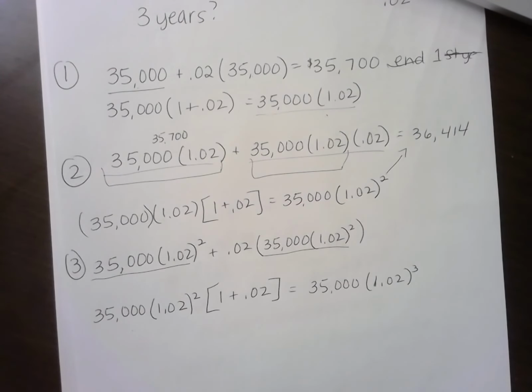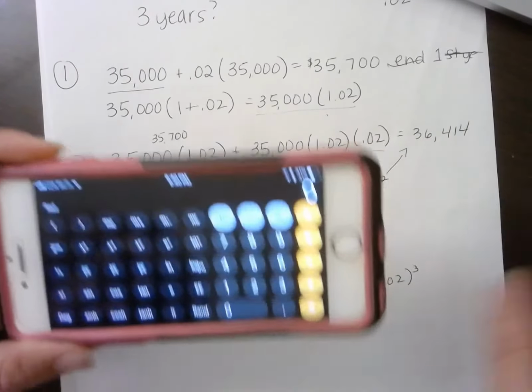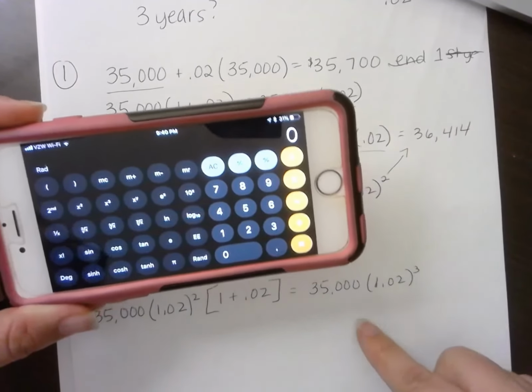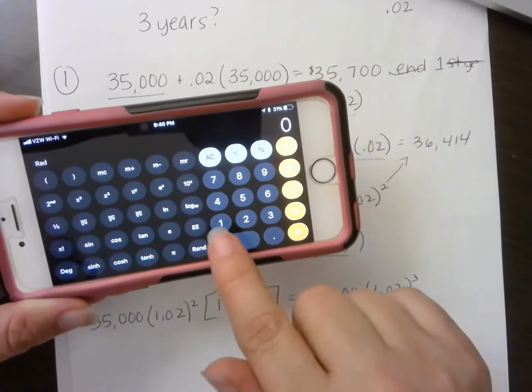So if I was going to put this in my calculator, depending on what kind of calculator I have, and I'm just using my phone calculator here, we always raise this to the power first, and it's a little bit easier to do that.